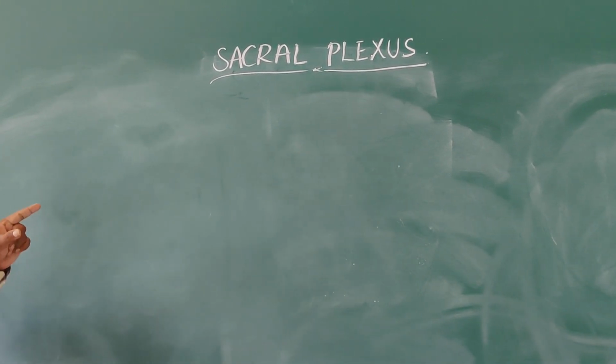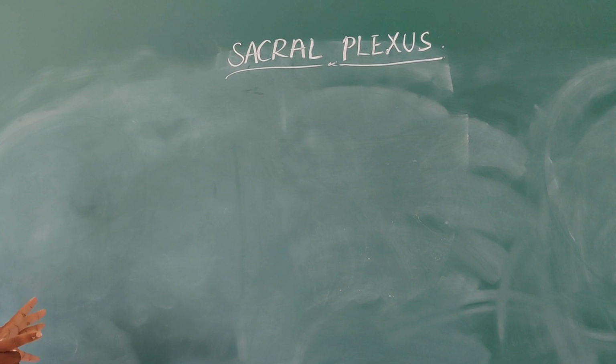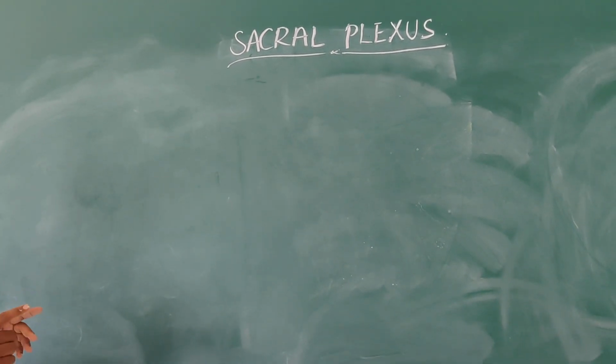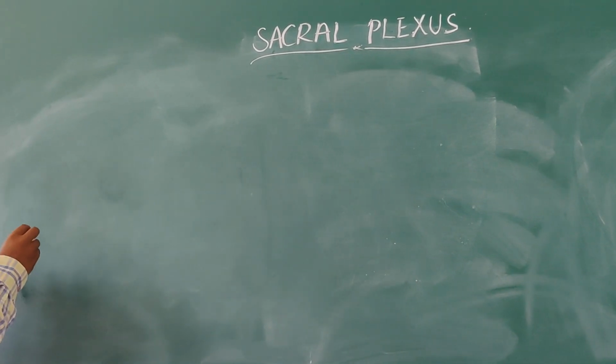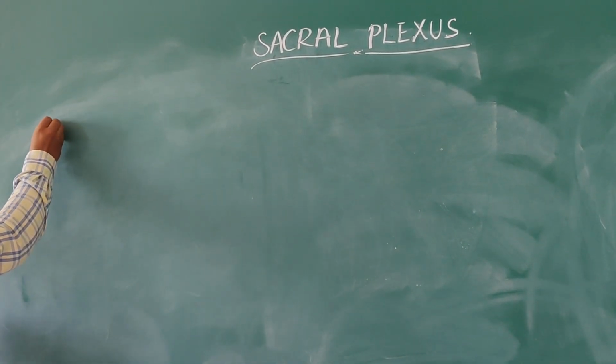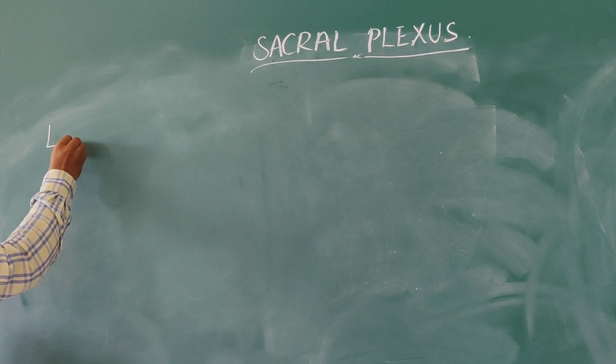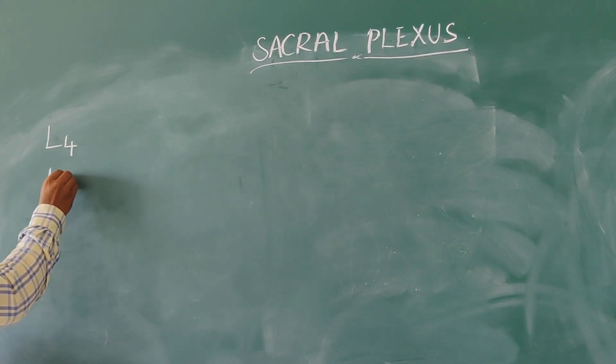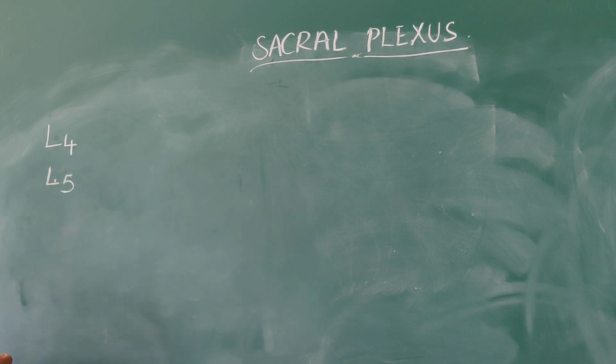The sacral plexus is formed by the upper four sacral nerves, S1, S2, S3 and S4, and by the lumbosacral trunk. The lumbosacral trunk is formed by the union of L4 and L5 nerves.